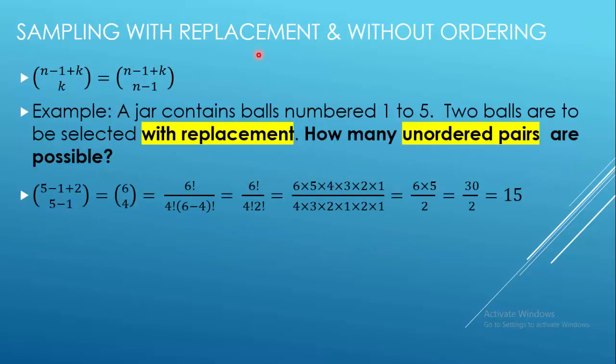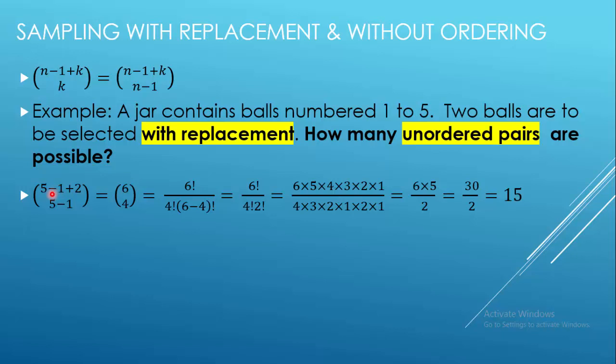And sampling with replacement but without ordering. So ordering is again not important in this case, but we are going to replace the objects. In that case, we have got (n minus 1 plus k) choose k. So again n and k have the same definition.